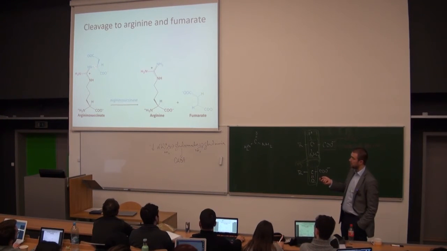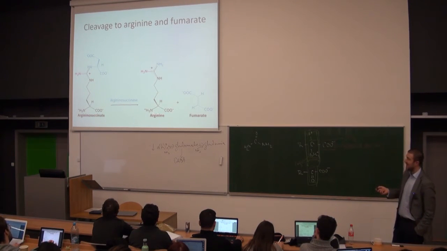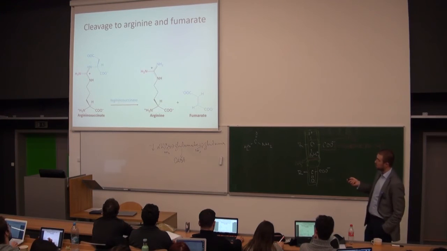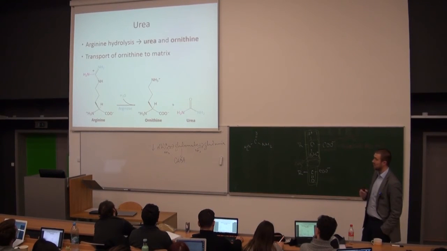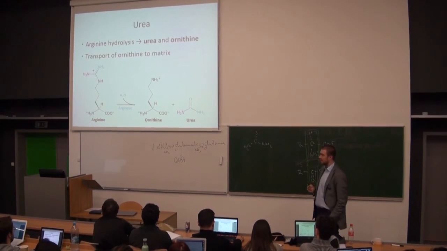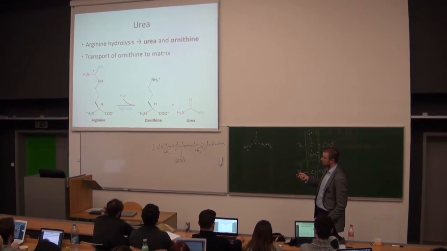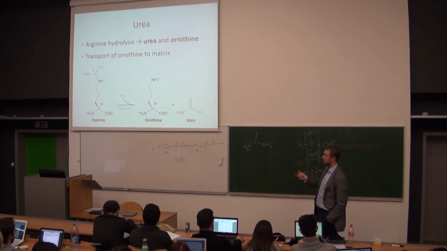The electron from this bond will form the double bond. Then in the last step, you destroy this bond and release the urea. That's the second lytic reaction, where during the hydrolysis of arginine, you destroy this bond. The oxygen you incorporate is bound to the carbon, and here you gain the molecule of urea, and you regenerate the molecule of ornithine.